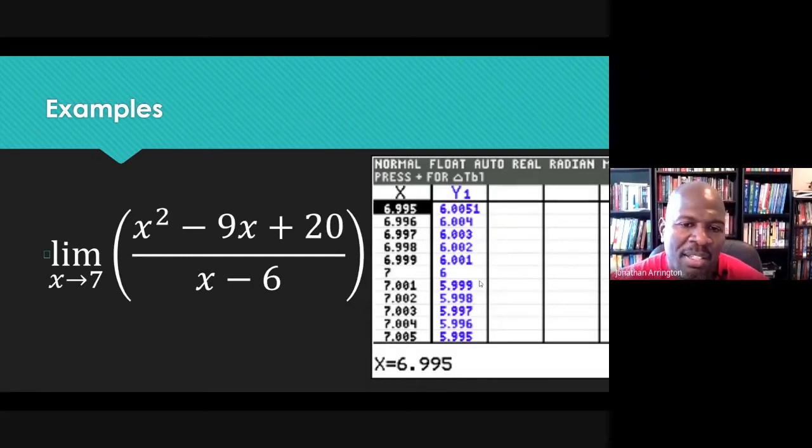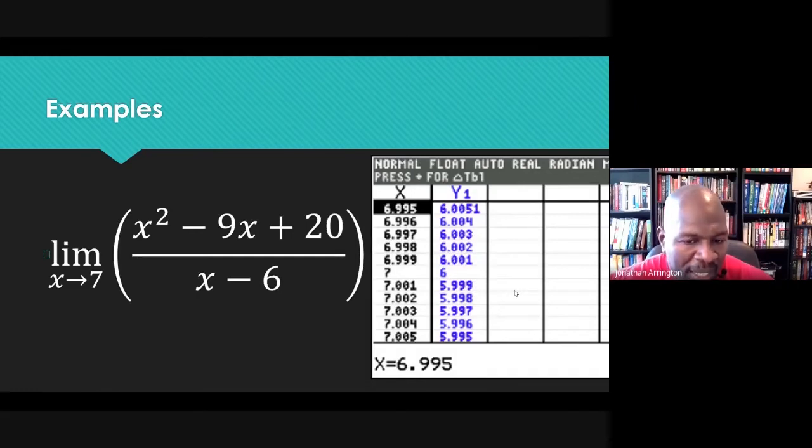Now, I know you're probably noticing something in this problem that was different from the previous two. And that is the fact that there's no error at this value, meaning the function is defined at 7. But again, I still want to stress the point that when finding limits, we're concerned with the value that f of x gets arbitrarily close to as x approaches c, not necessarily the value at c.